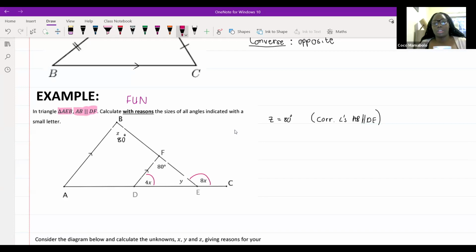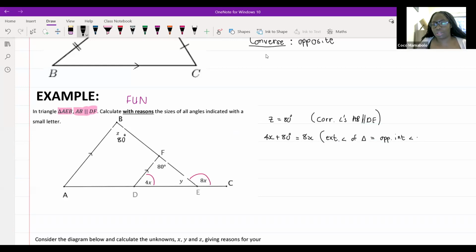No, not quite. But Saneliso did say something about the exterior angles. Saneliso says 4x plus 80 degrees is equal to 8x. What's the reason? The external angle of a triangle is equal to the sum of the opposite interior angles.